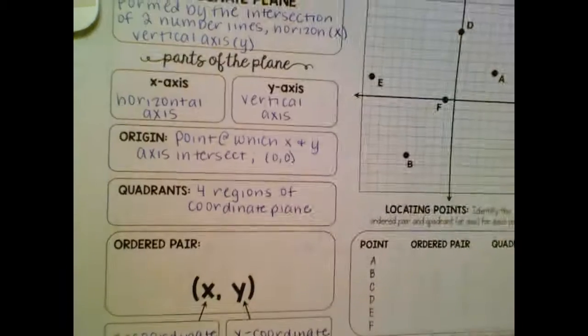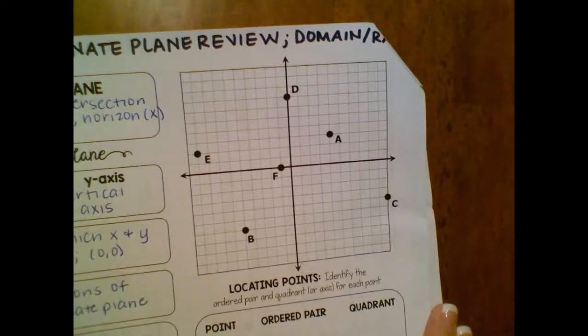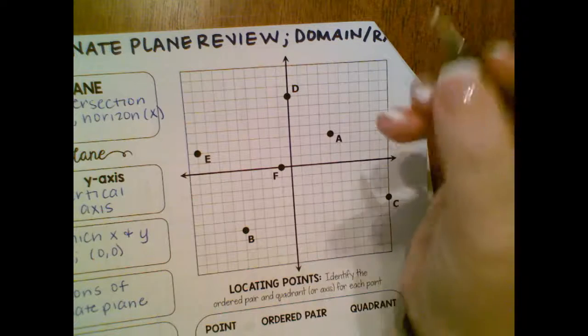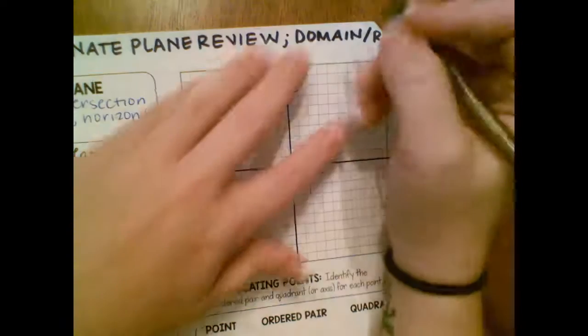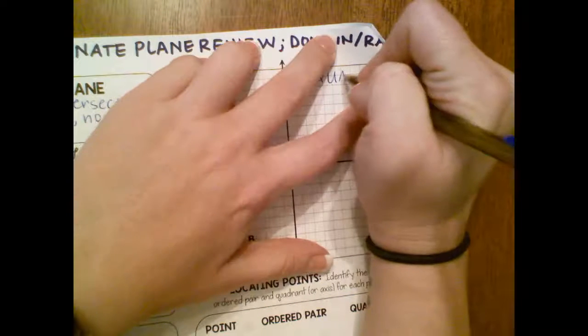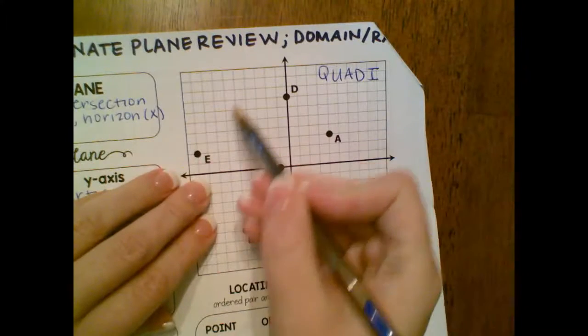And then when we are talking about our quadrants, if we're looking at my coordinate plane, this is quadrant 1. And then we go in a counterclockwise rotation.